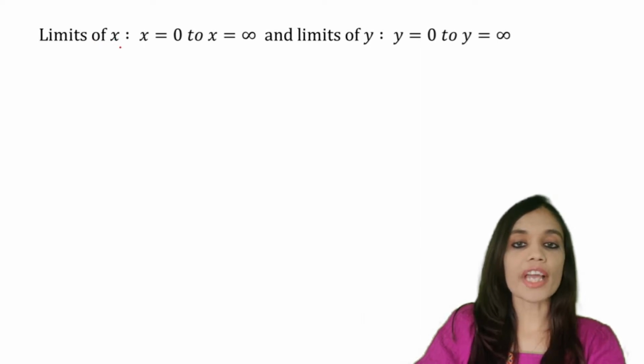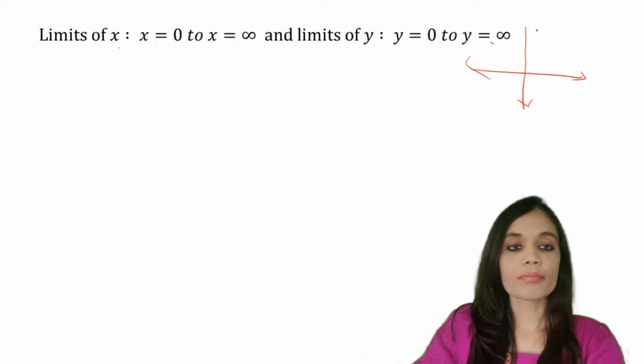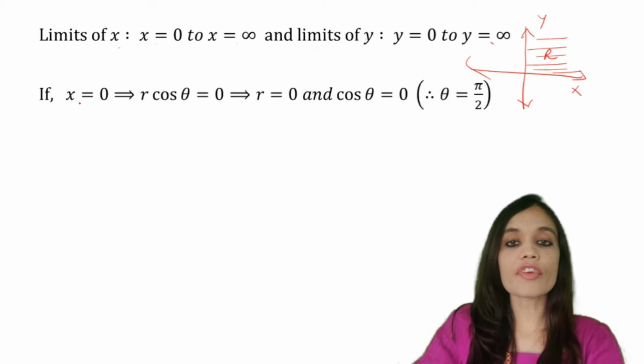So the limits of x are x is equal to 0 to infinity and the limits of y are y is equal to 0 to infinity, right? So firstly let us draw the graph in our xy plane. Now because x and y are ranging from 0 to infinity, we can say that our region R is the first quadrant. Okay. Now let us find the limits in form of r and theta.